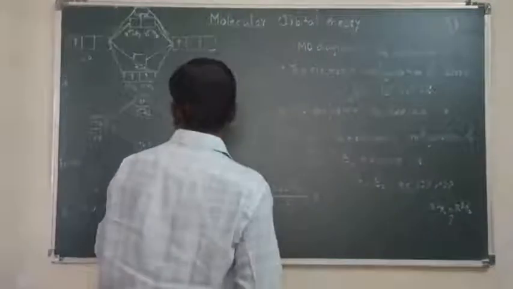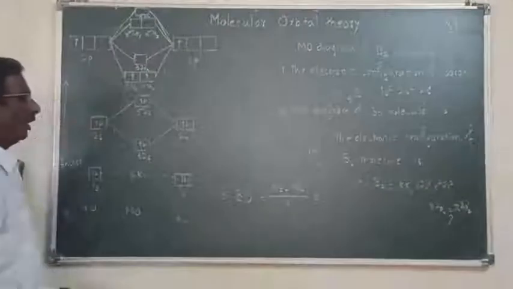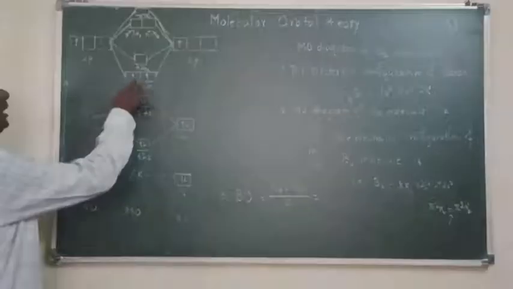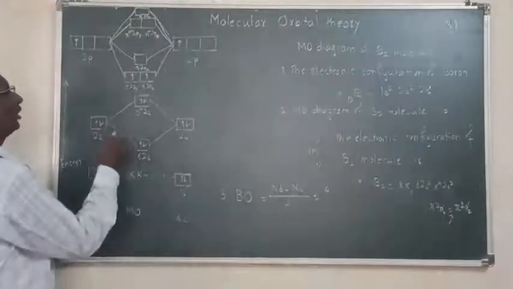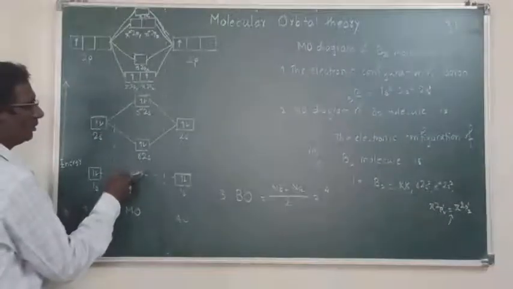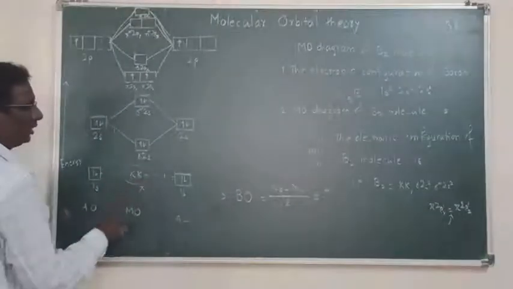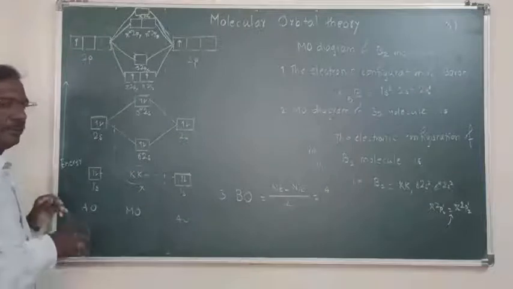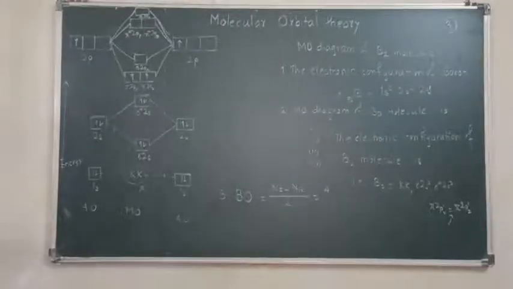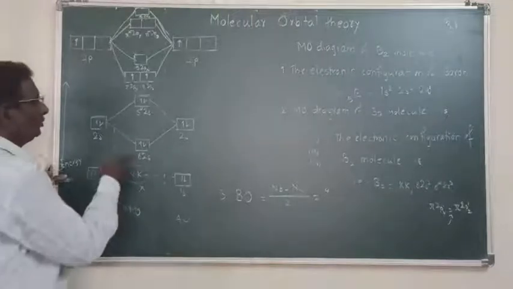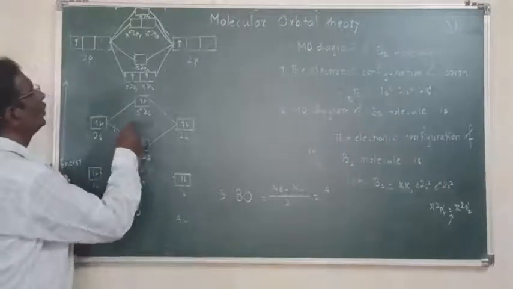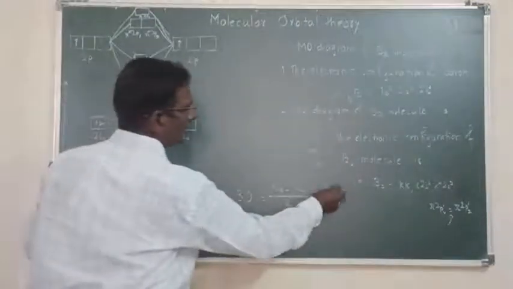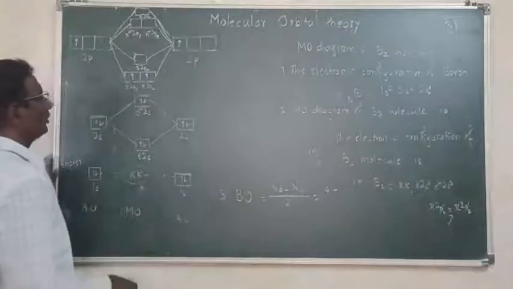Here count the bonding molecular orbitals. It is not necessary to count the molecular orbitals, you count the electrons in molecular orbitals. Electrons in bonding molecular orbitals are 2 plus 2, 4. Electrons in antibonding molecular orbitals are 2.